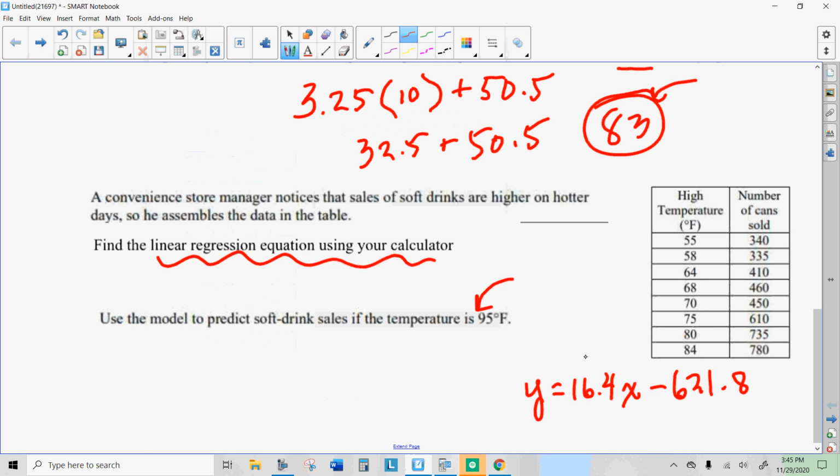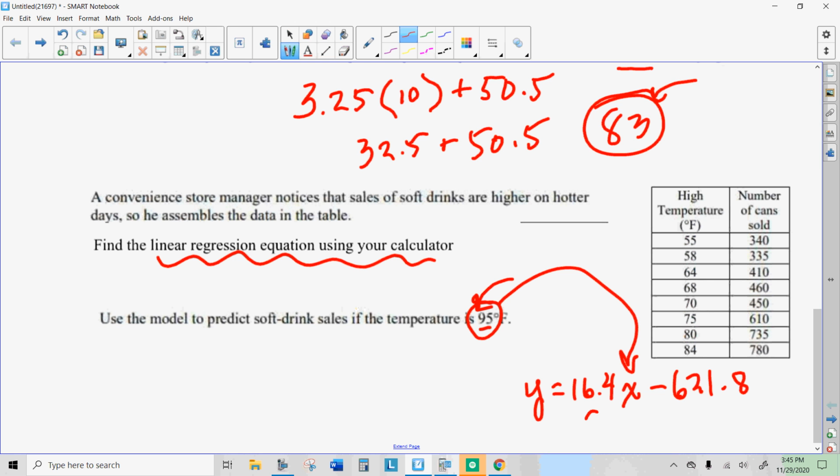Now to figure out the sales for 95 degrees, we're going to take that 95, multiply it by 16.4, and subtract 621.8. I'm going to show you another way you can do that on your calculator. Let's say you wanted to not have those rounded values, you want the exact values.